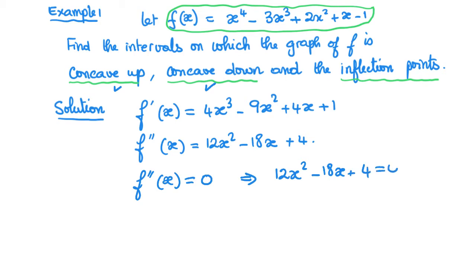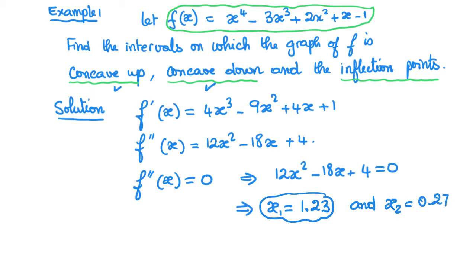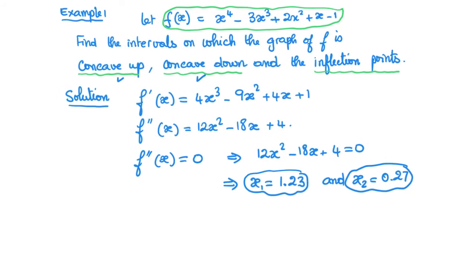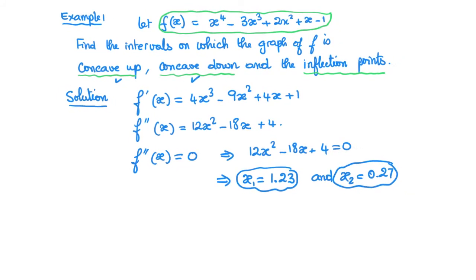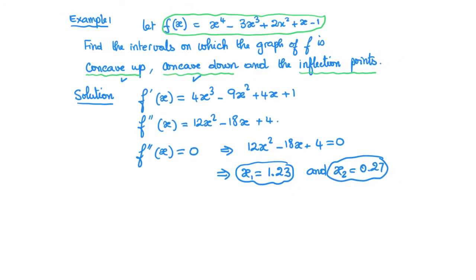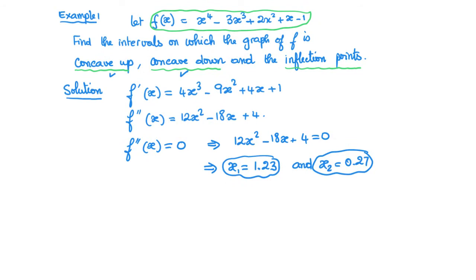So this is a quadratic function. It's easy to find its solutions. x1 equal to 1.23, so that's the first solution, and a second solution is 0.27, like this. Now, there are different ways of proceeding, but I like to make a table to study the sign of the second derivative.